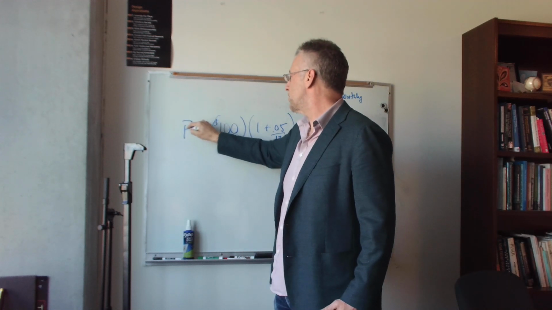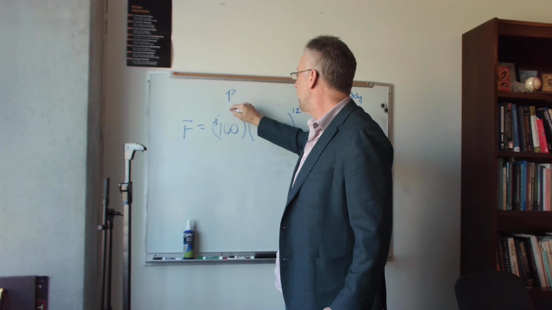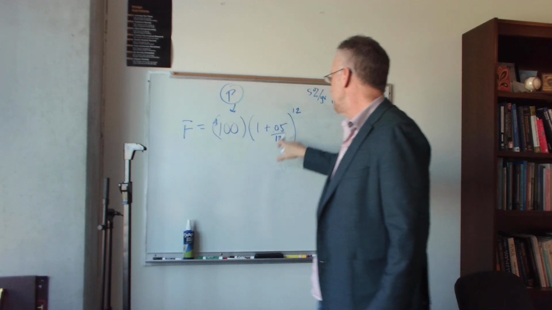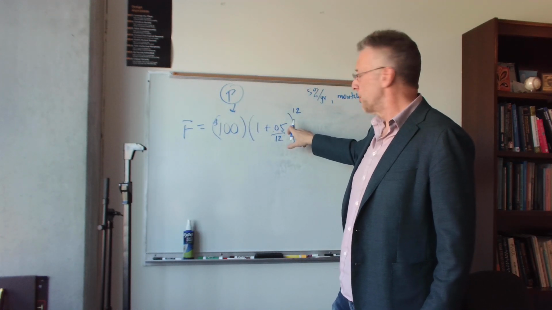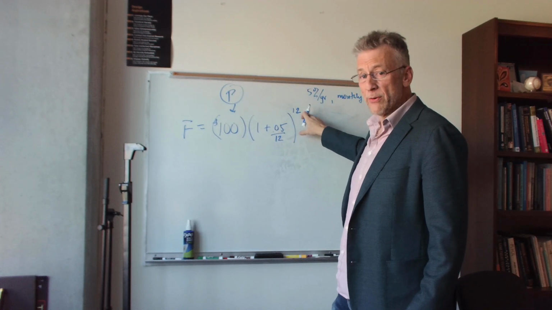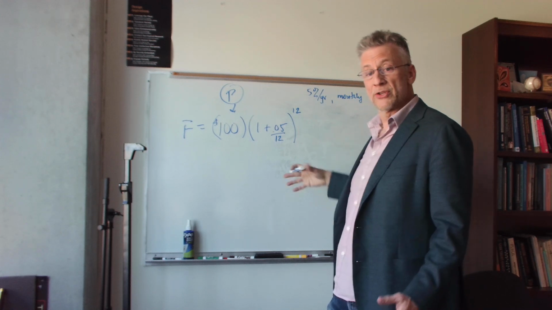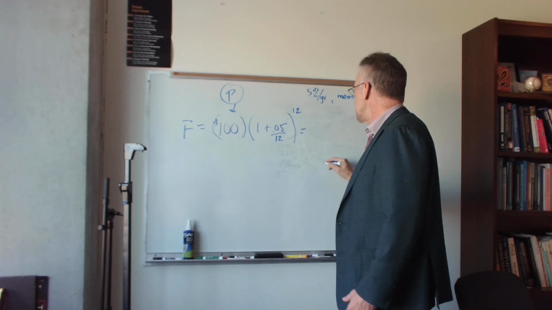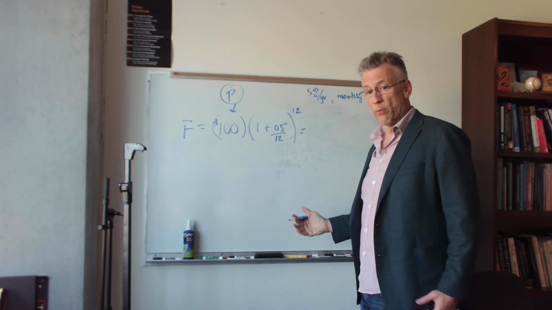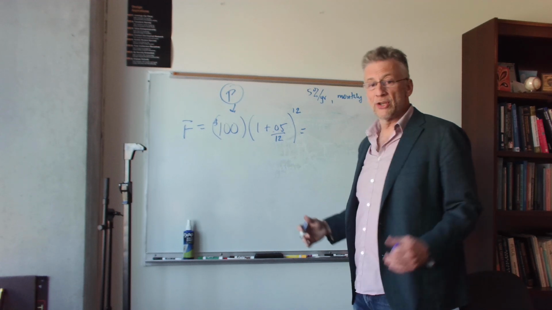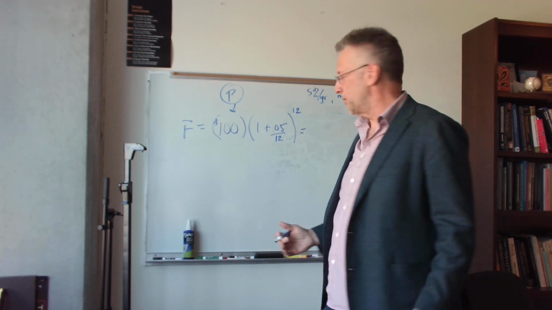So the future value of $100 today, invested at 5% per year, compounded 12 times, that is compounded monthly, is going to exceed 1.05. It's going to be more than 5% per year.